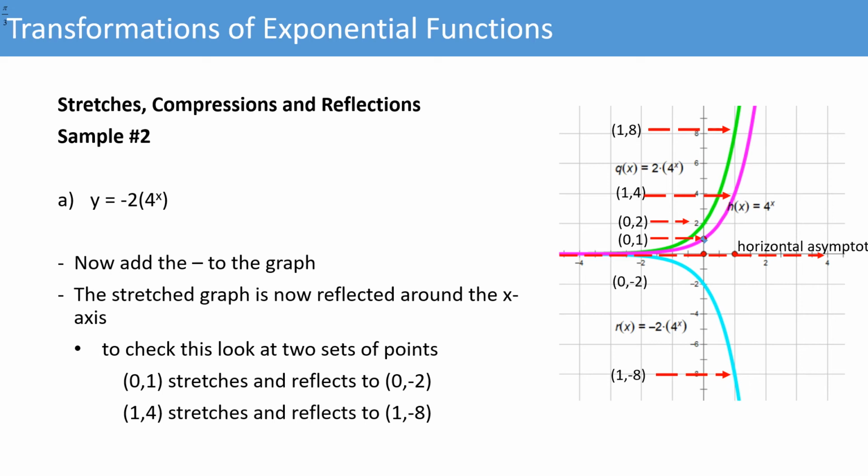So it's coming down to -2 on our aqua color graph. And the point that was (1, 4) now stretches and reflects to be (1, -8). So it's gone from the green graph (1, 8) down to (1, -8) on the aqua color.